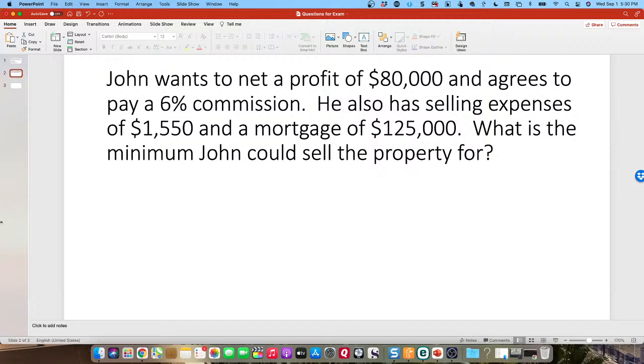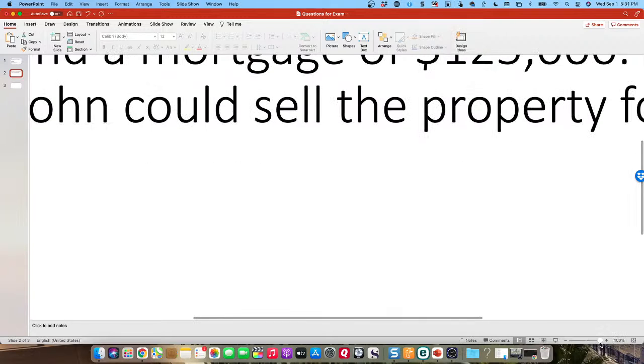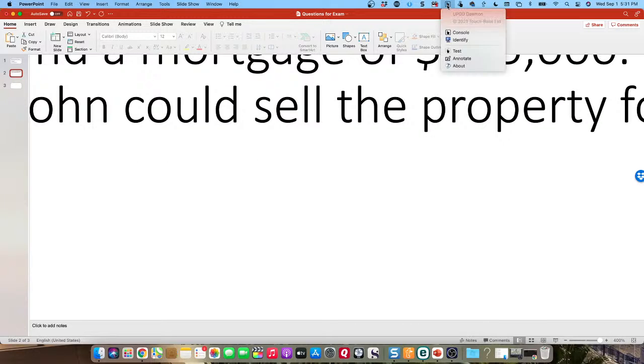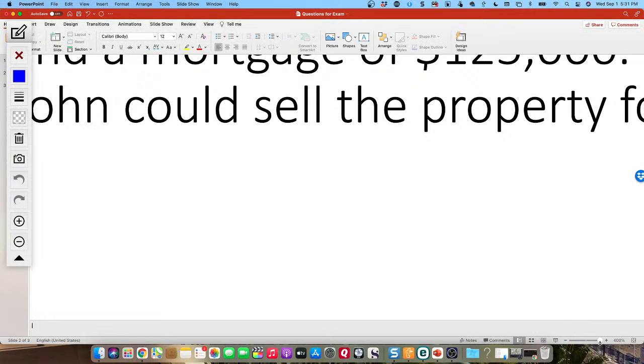So I want to bring you to the display and take a look at a potential math problem that you very well could see on the real estate examination. I'm going to go right over here, and hopefully we will have our annotation tools up. There we go.